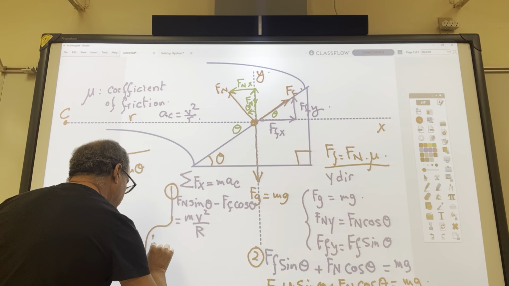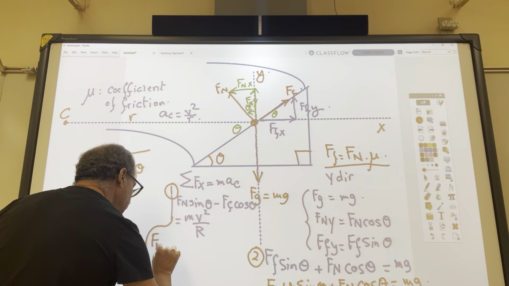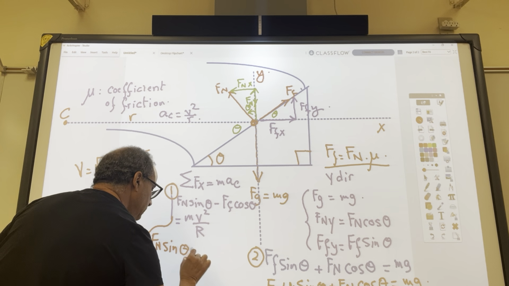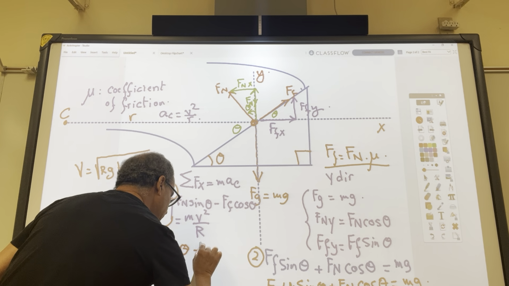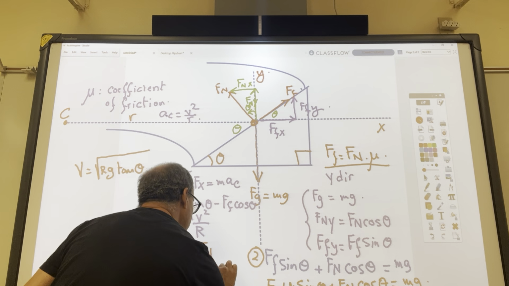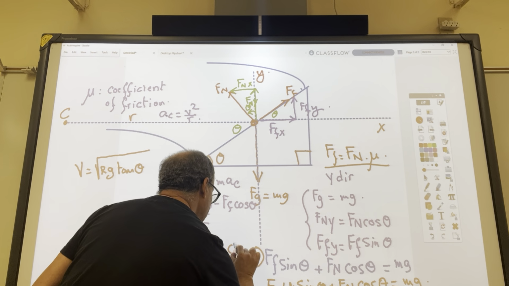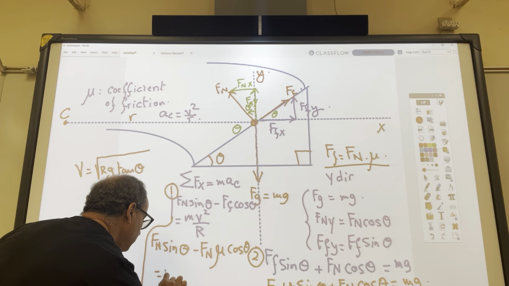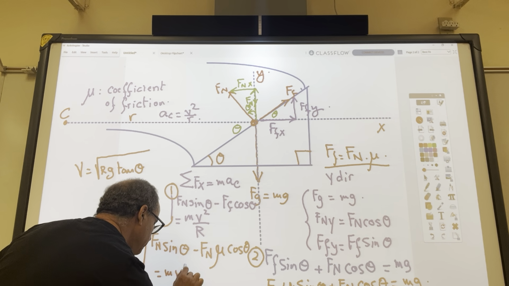So I have Fn sine of theta minus Fn mu cosine theta, and then equals mv squared over r.